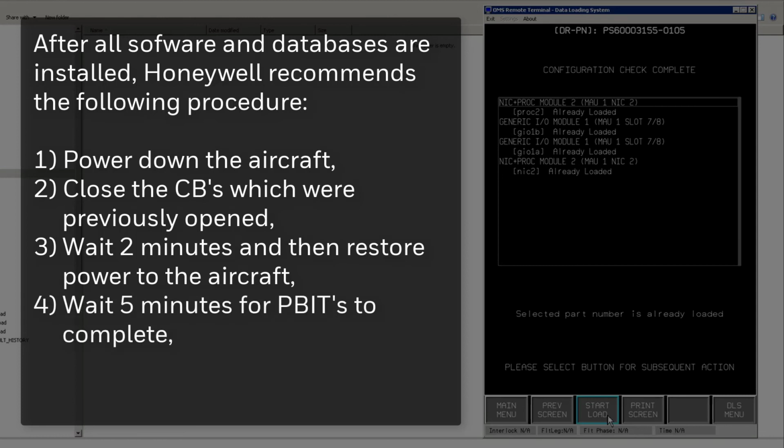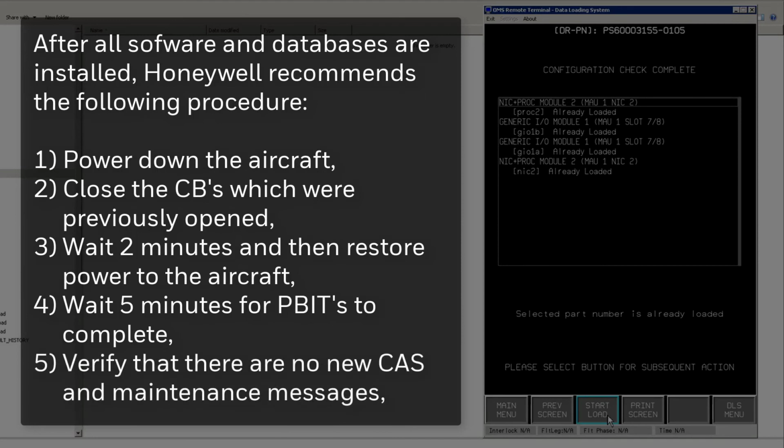Wait for approximately 5 minutes until all systems have performed their PBs and the system is stabilized, and then check for CAS and maintenance messages. Verify that they are basically the same as you had seen prior to start.